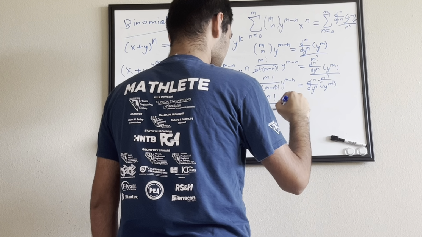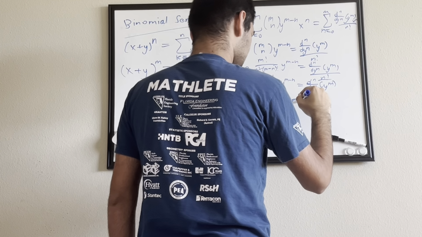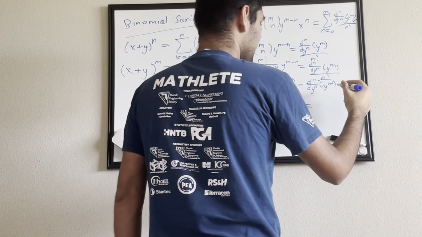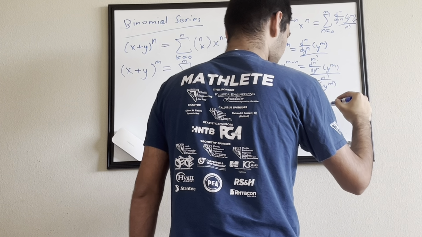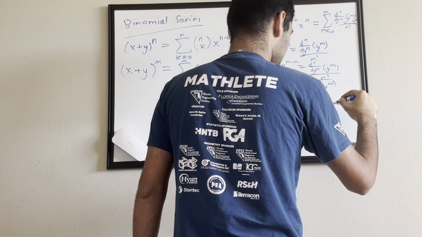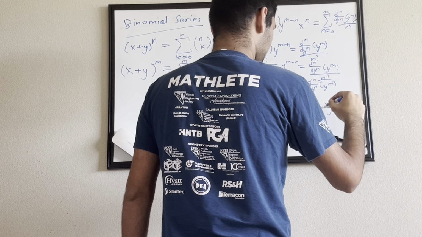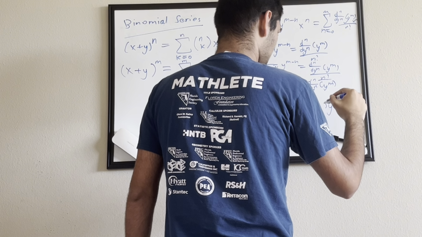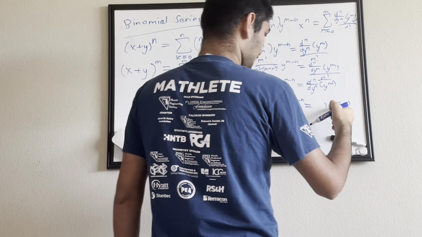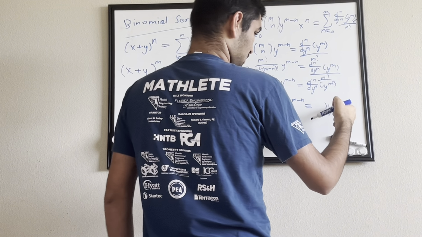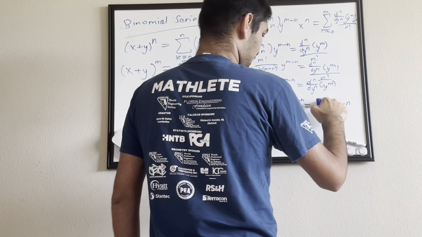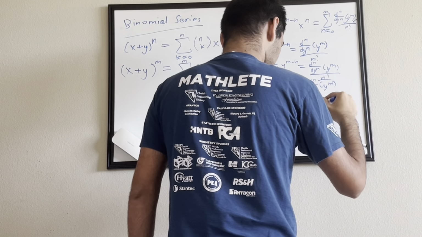So if we expand this out, we get the nth derivative, so you're going to have y to the m minus n, and then out front you're going to have m minus n plus 1 factorial, I believe.